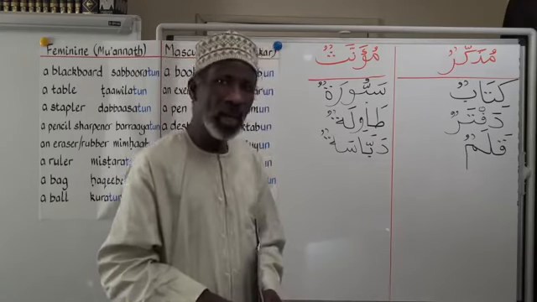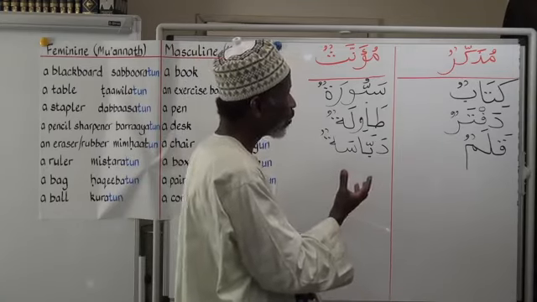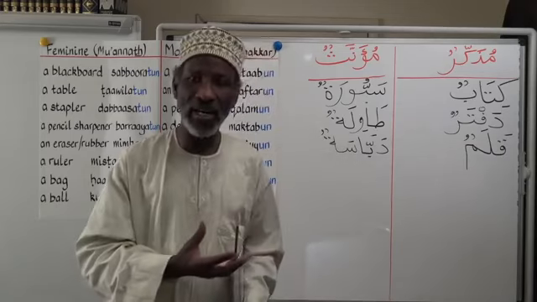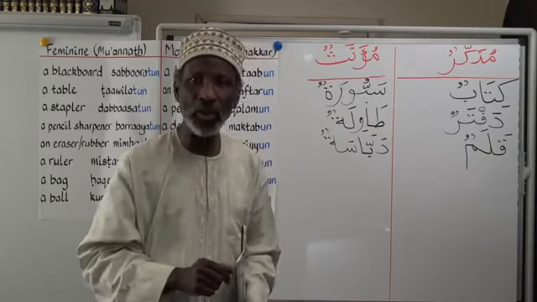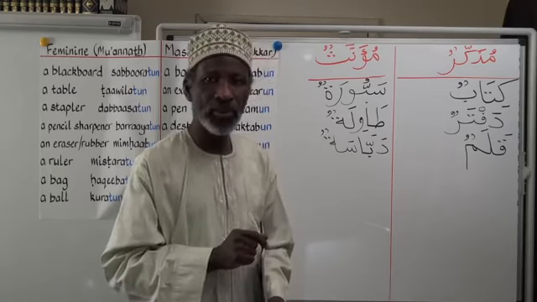Now, how do we know which one is mudhakkar and which one is mu'annath if I did not put them under the correct title or heading? There is a clue.